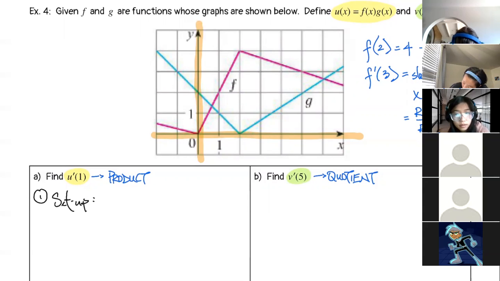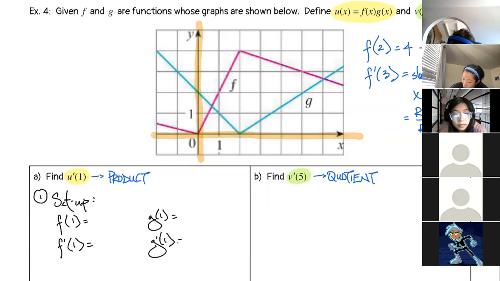So we get f of 1, and then I've got to find f prime of 1, and then g of 1 and g prime of 1. Now I know this because the product rule says f g prime plus g f prime. So I know I have to have all these values, okay?